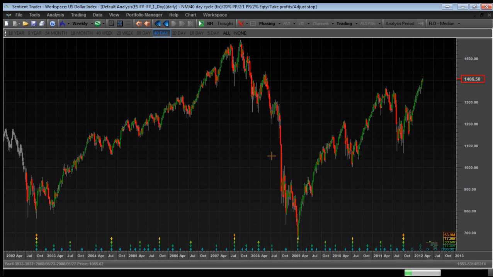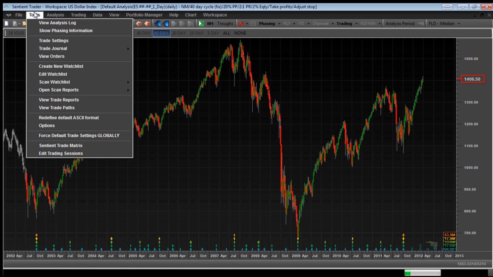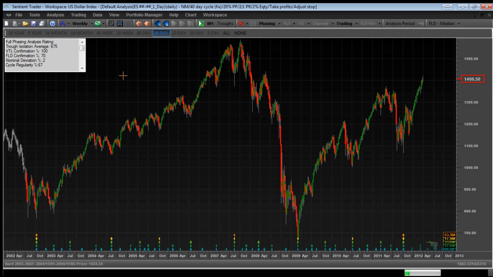It's very unusual that Centene Trader will produce a really poor analysis, but there are a few rules of thumb which I'm going to provide you with for you to know whether your analysis is any good or not. One of the most interesting ways that you can do it is you can go to Tools, Show Phasing Information.